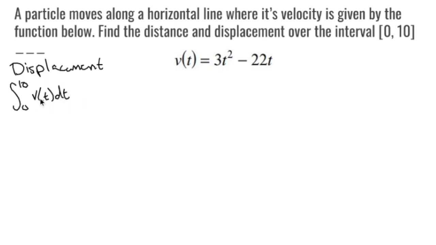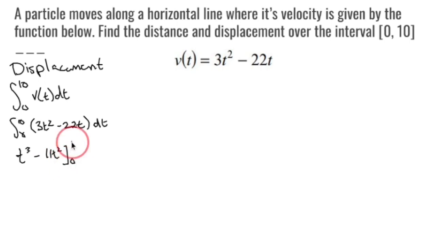That is the displacement. So my velocity function was 3t squared minus 22t, close that, dt. The integral of 3t squared is t cubed, minus 22t, the integral of that is 11t squared, and my limits of integration are 0 and 10.